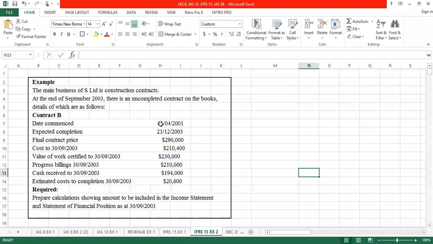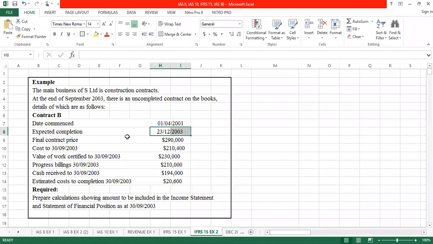Date commenced. When did the job start? The job started on 1st April 2001. Expected date of completion is 23rd December 2003. So of course there is IFRS 15 because you can see it's more than 1 year.